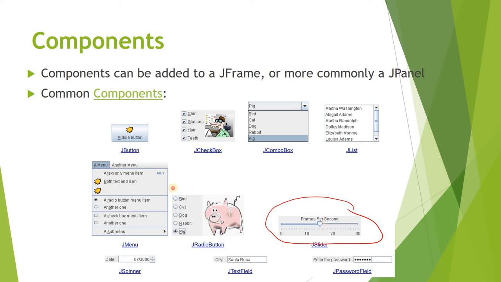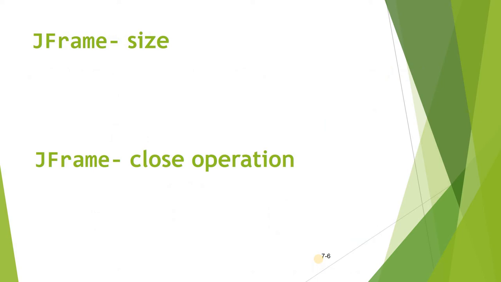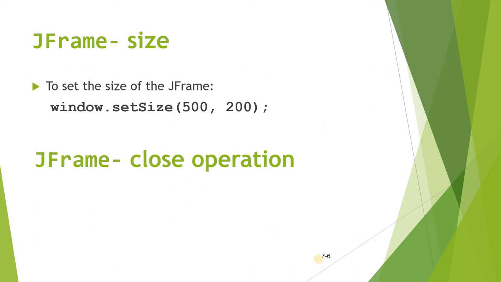You can have a set of radio buttons, and you'll have to group those radio buttons together into something called a ButtonGroup so that you can only choose one at a time. We've got a menu system, spinners, JTextFields, and a glorified JTextField, which is a JPasswordField. All right, so if you want to set the size of the window, that's how you would do it.